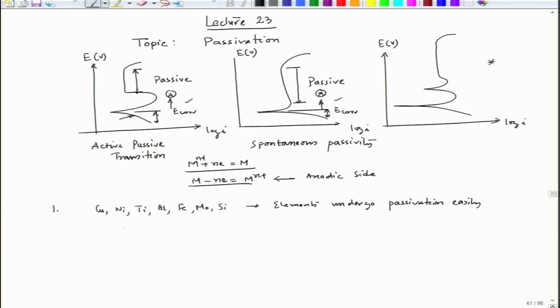So, that means if these elements are present in an alloy, in the form of solid solution, that alloy can also form a passive alloy.